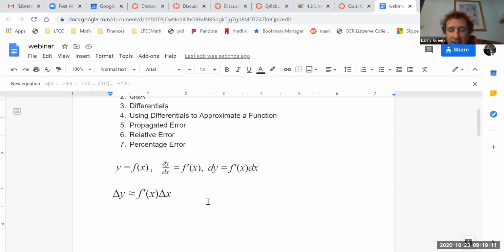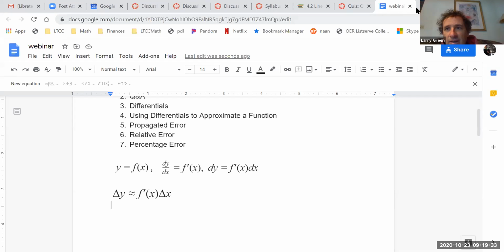What this tells us is if we want to approximate the change in y, we can take the derivative at the initial value and multiply by the change in x. And as long as delta x is small, it's a pretty good approximation. If delta x is large, it does not work.